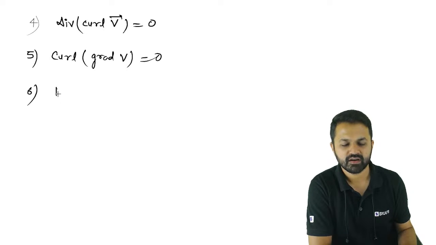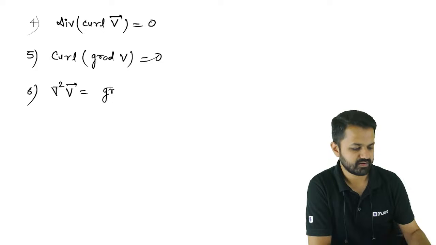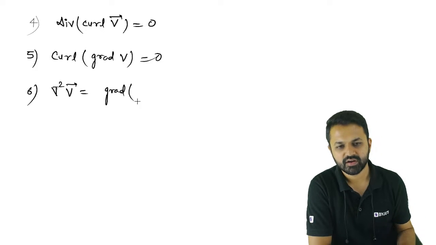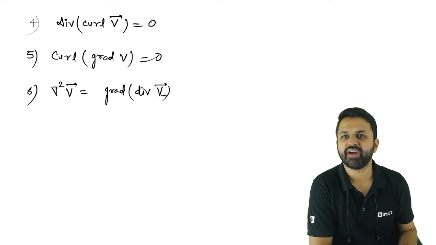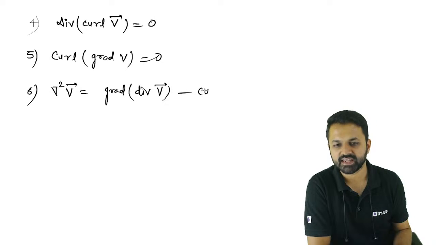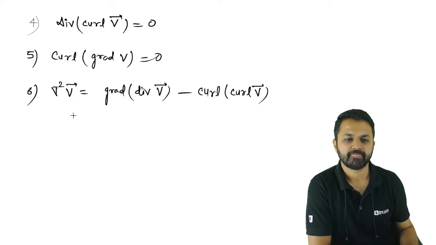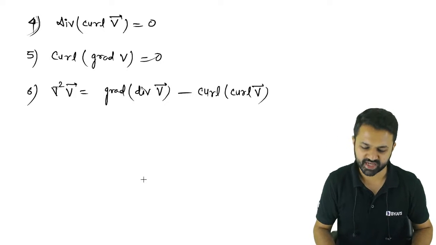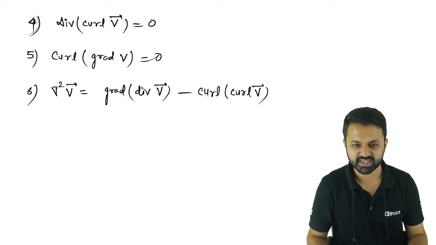And the Laplacian of a vector is nothing but the gradient of divergence of the vector, because the divergence of a vector is a scalar quantity, and for a scalar we can calculate the gradient, minus the curl of curl of the vector. So these are the important points to solve any problem of the GATE. You should remember all these points.